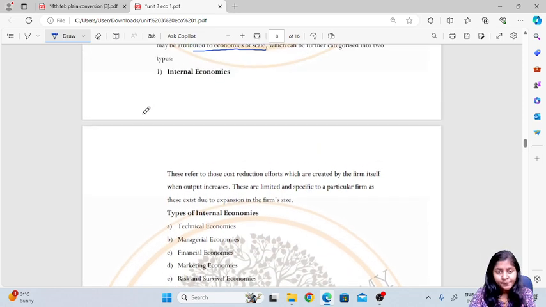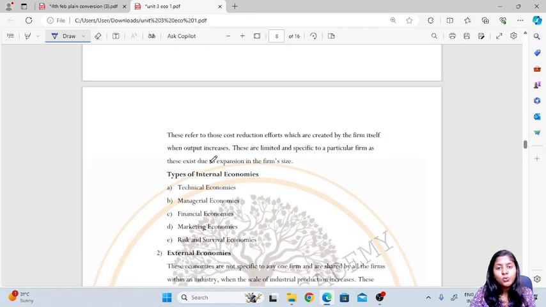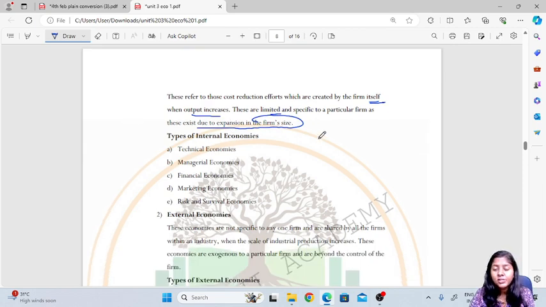First, internal economies: these refer to cost reduction efforts created by the firm itself when output increases. These are limited and specific to a particular firm, as they exist due to the expansion in the firm's size.